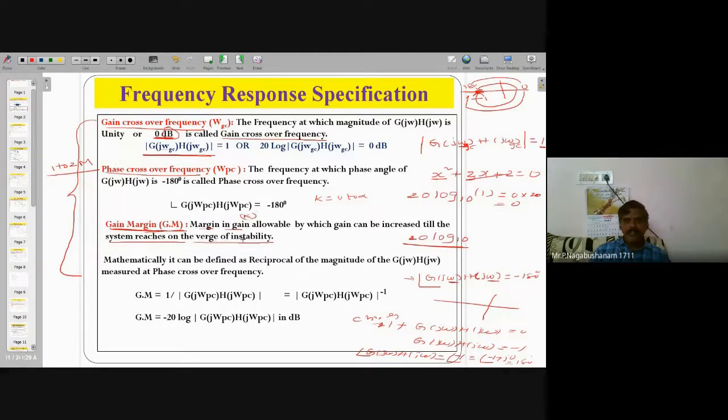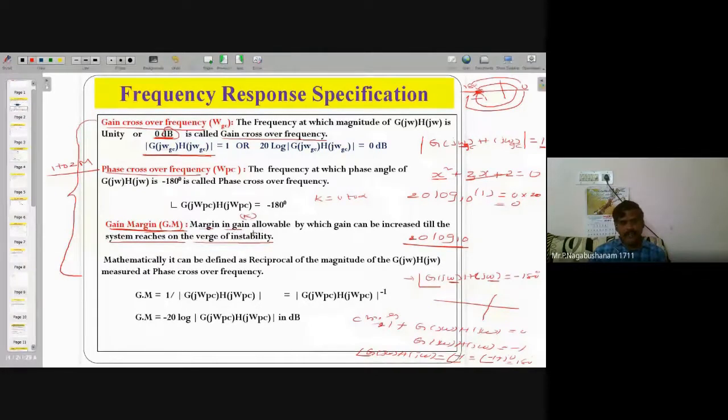Verge of means margin of instability. We can increase the gain K until the system becomes unstable. That is the gain margin definition. I will not ask this definition, I will ask in terms of the formula. Check it out again.